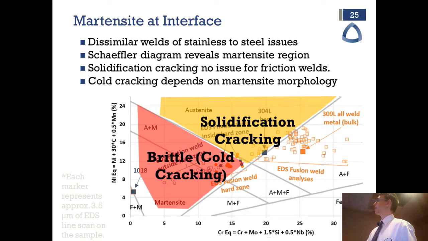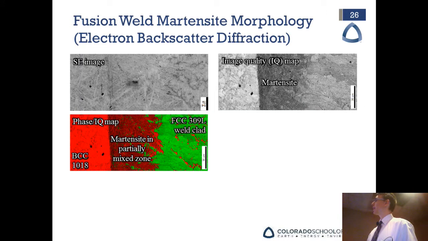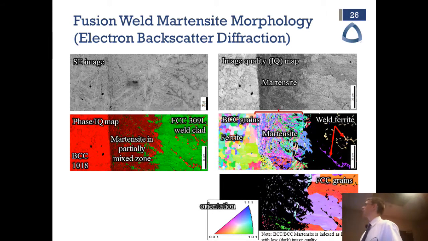And down in this martensite region, what you have to worry about is brittle or cold cracking, or maybe hydrogen cracking with that martensite structure. That's possibly less of an issue for the solid state weld. In the last two slides, I'll show you why I feel like it's less of an issue. I have yet to test it, but I feel like it's going to be less of an issue.